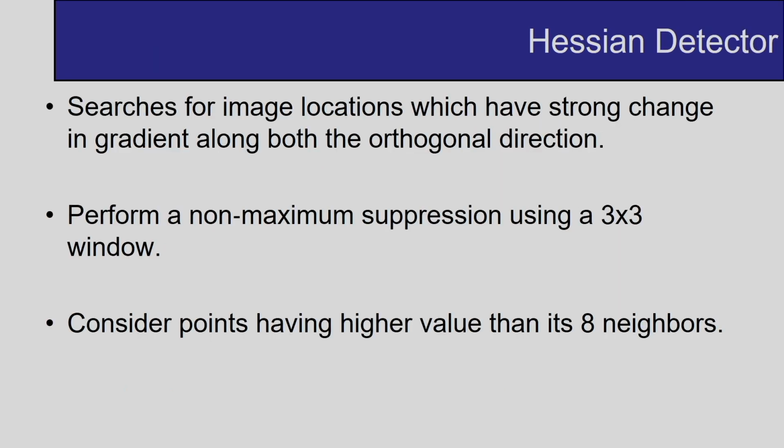In this case it searches for image locations which have strong change in gradient along both the orthogonal directions, and also we have to perform non-maximum suppression using a 3 by 3 window, which is very important.